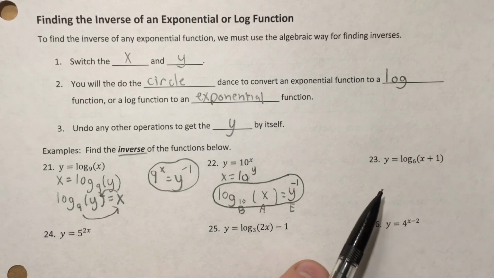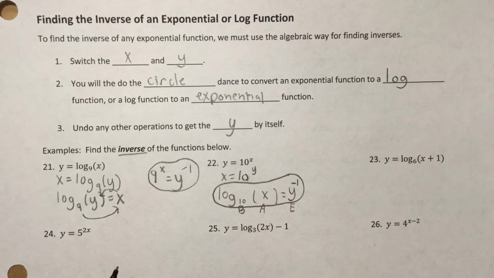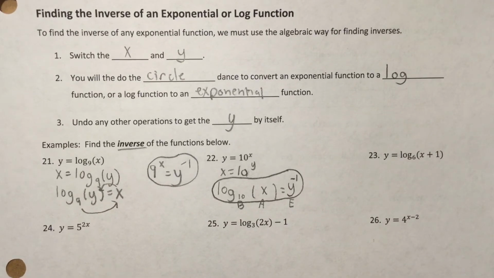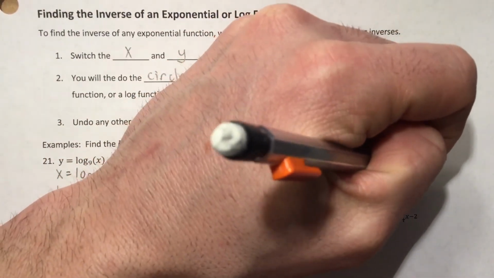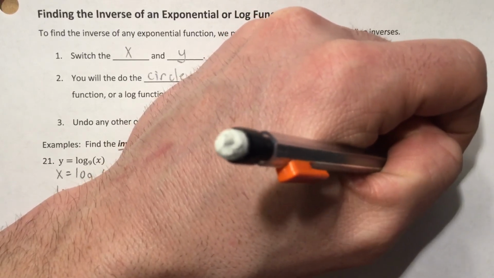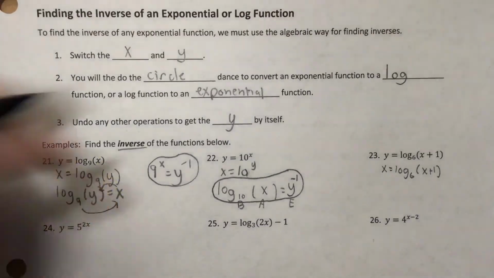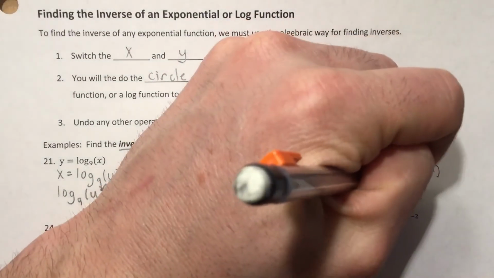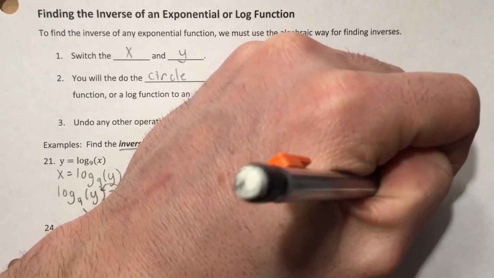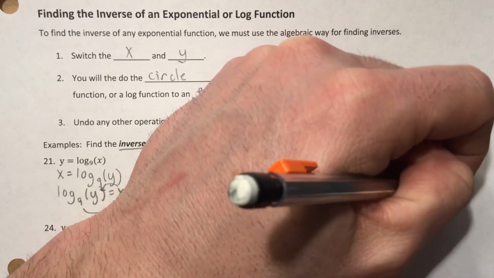All right, so number 23 and 24, now we're going to have a little bit more complication to it. We'll do those two, and then I'll have you try 25 and 26. So for 23, again, switch our x and y because we're asked to find the inverse. I'm going to put my x on the other side so I can do my circle dance in the normal fashion.